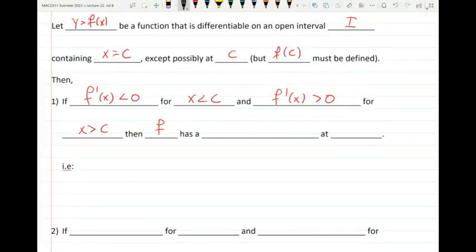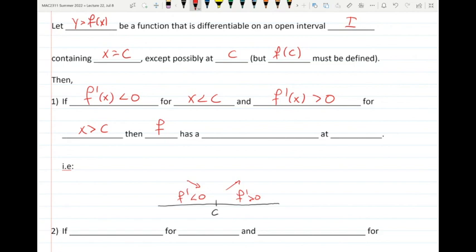Here is c, and what we're saying is that the derivative is negative to the left and positive to the right, so the function decreases over here and increases over here.